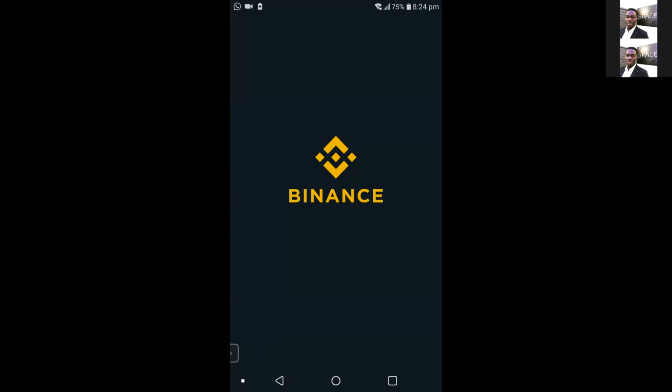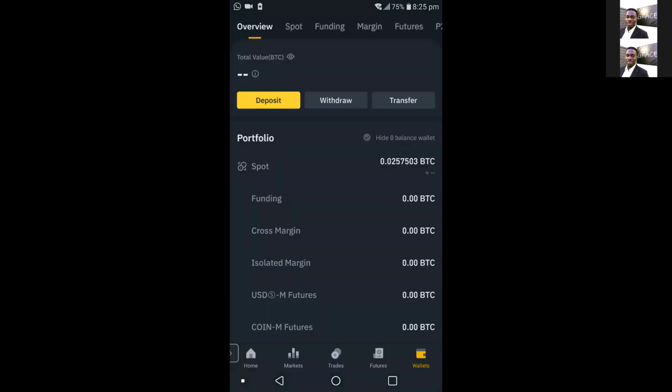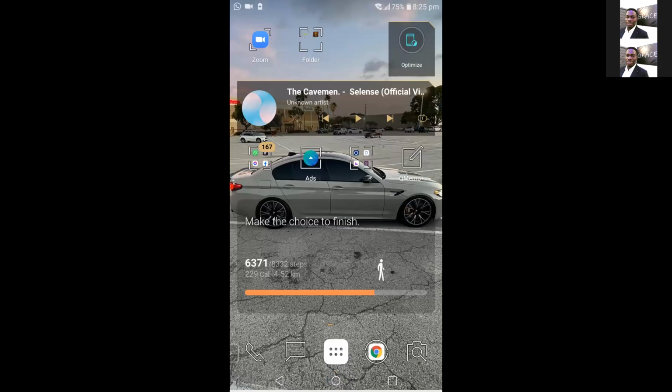Now, if you buy a coin, for example Bitcoin, and Bitcoin is currently at about $54,000, you buy Bitcoin at 54,000. Hold on.